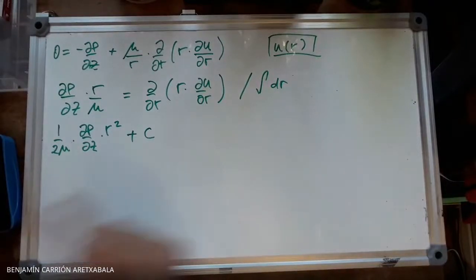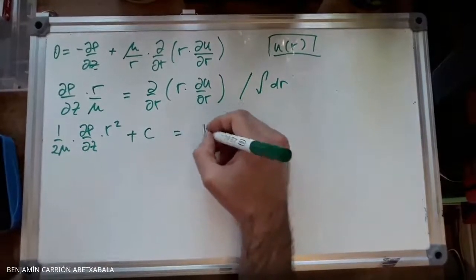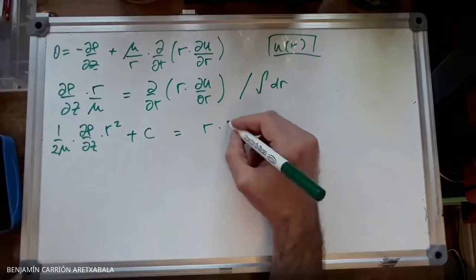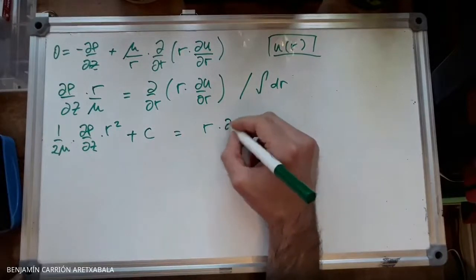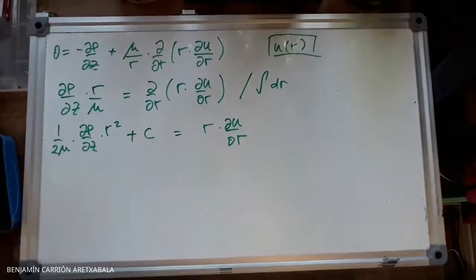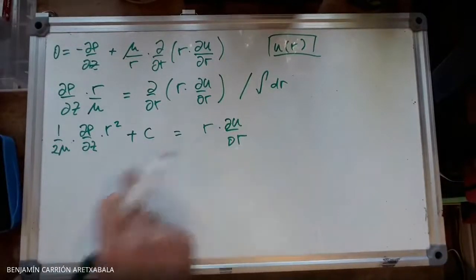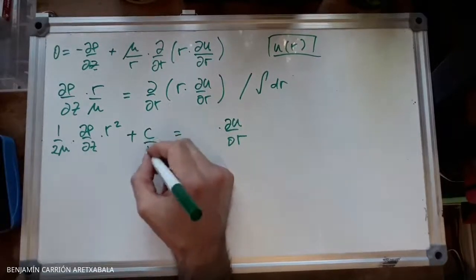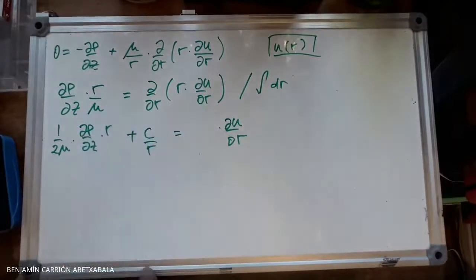And on the other side, we're going to get r. Basically, we cancel out this derivative, r times du dr, right? Now this r, I can pass it here. So I'm going to do whiteboard math. Hopefully you can follow along.